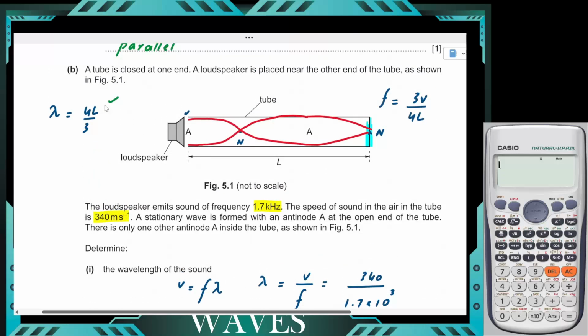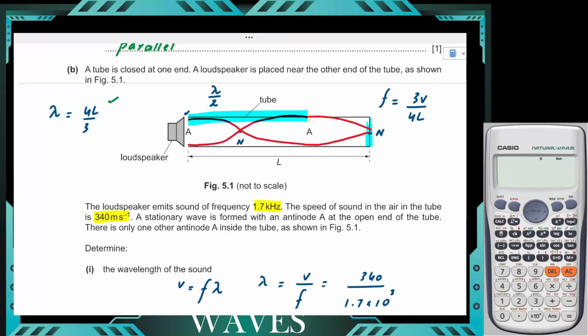Or the other way is, you check how many wavelengths there are in the tube. In order to answer that, you'll first have to draw the stationary wave, like I've drawn with the red pen here. I know that the distance between two consecutive antinodes gives half of the wave, so this is lambda by 2.